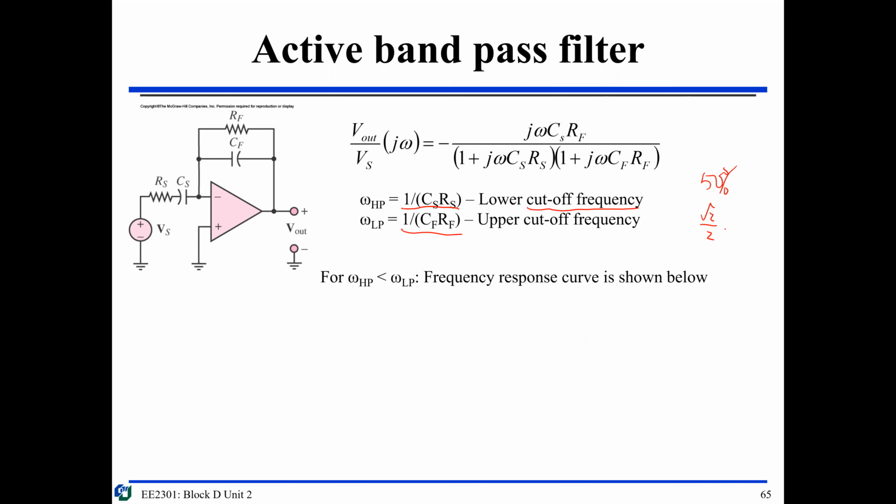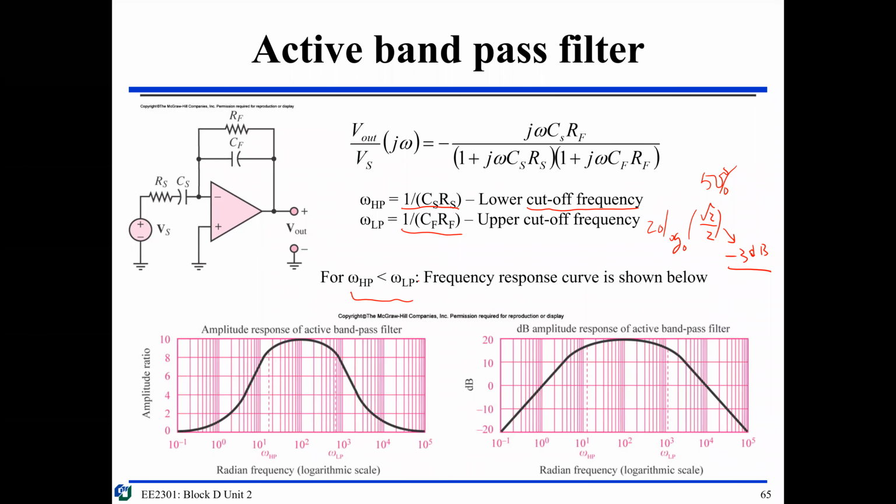This is also -3 dB. 20 log 10 will give you 3 dB. So we assume that the high pass cutoff will be less than the low pass cutoff. Then you end up with something like this.